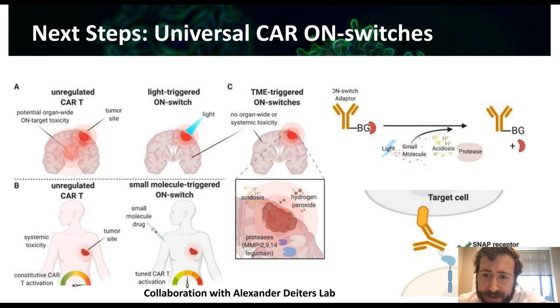And so the idea is, can we get greater tumor specificity by engineering adapters that are decaged or activated upon these stimuli being added? And again, we have our adapter that now has the benzylguanine, but with this red cage on it. And when we apply these different stimuli, they will lead to decaging of that benzylguanine and then activation of the SNAP receptor signaling.